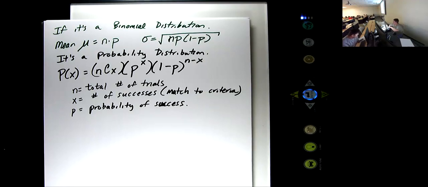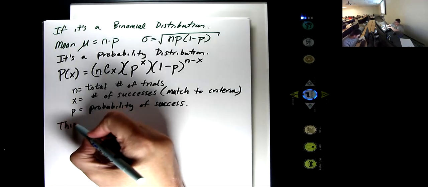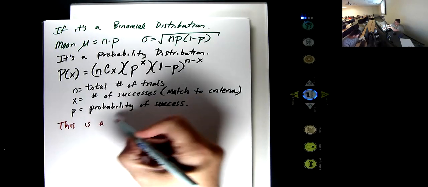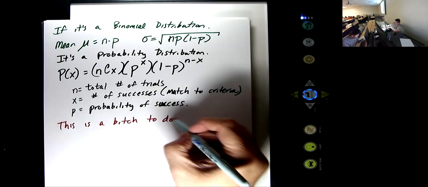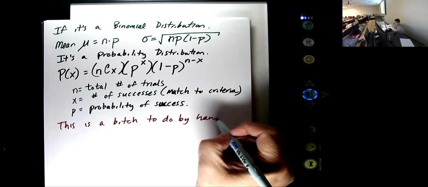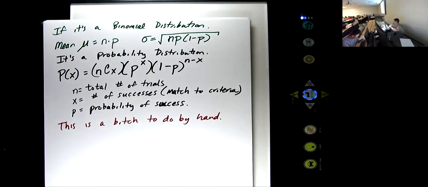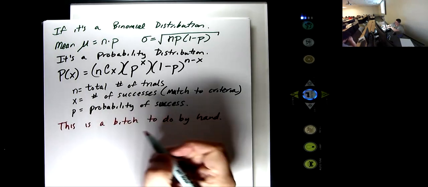This is hard to do by hand. But hopefully you're not doing it by hand. The only chapter you really had to do by hand for was chapter 5. We're not in chapter 5, we're in chapter 6.